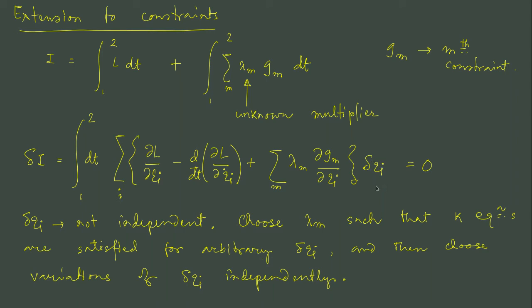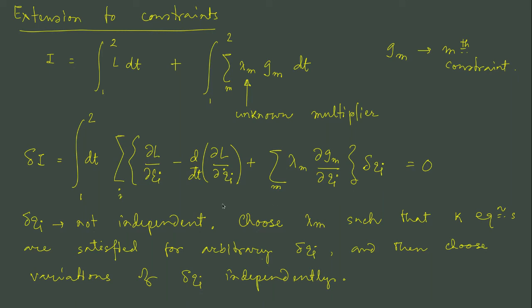Now the delta q_i's are not independent, so we cannot say their coefficients trivially vanish, but we can certainly choose k coefficients, I mean k number of lambda_m, such that k of the equations are valid.